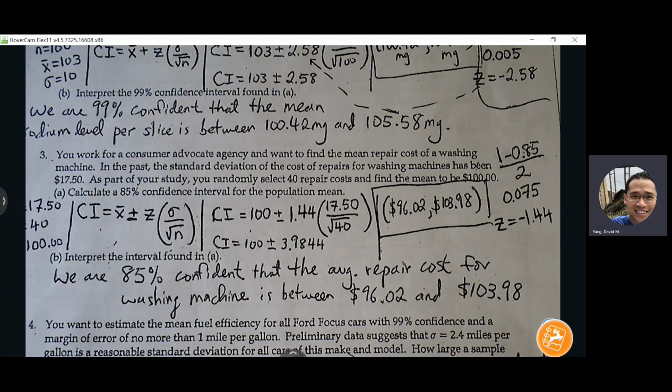For the 85% confidence, what if we do 1 minus 0.85 divided by 2? Which is 0.075. I got 0.5 somewhere. Okay, let's try it. I got 0.075. And then from 0.075, you go to your z-score, you'll get 1.44.